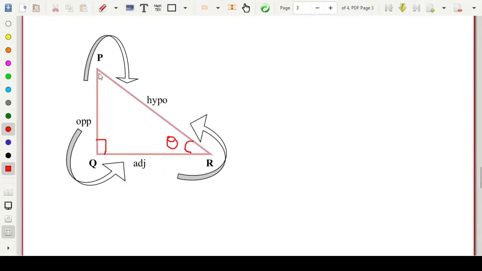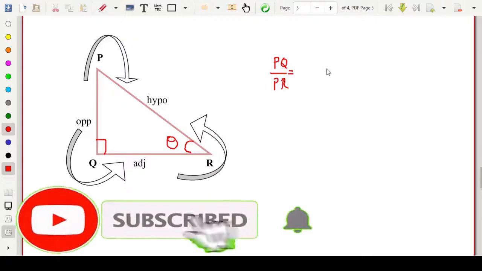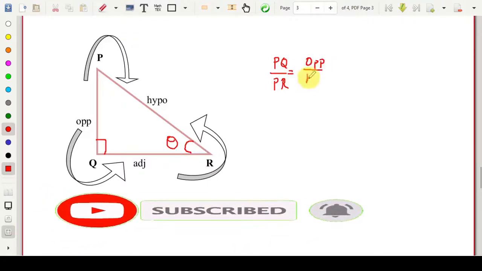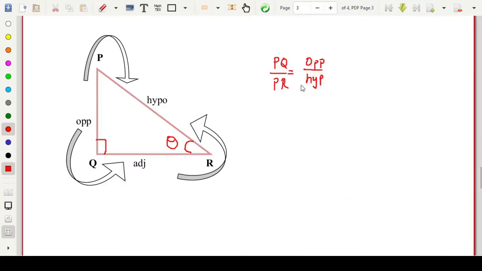The first comparison is PQ by PR, that is opposite by hypotenuse, which is named sine theta.